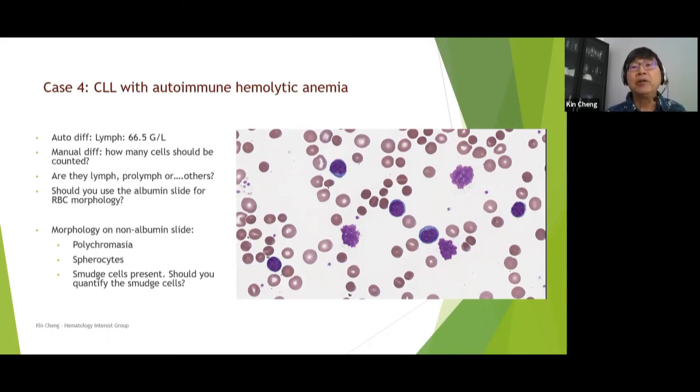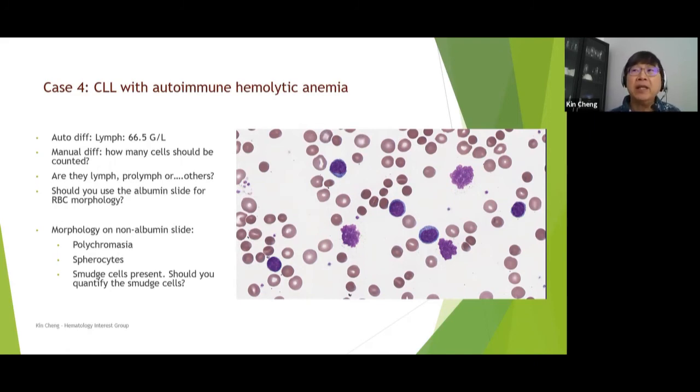Another important lesson learned from here is that there's often one question technologists ask when they deal with CLL. On the SOP, obviously you have to do an albumin slide, right?